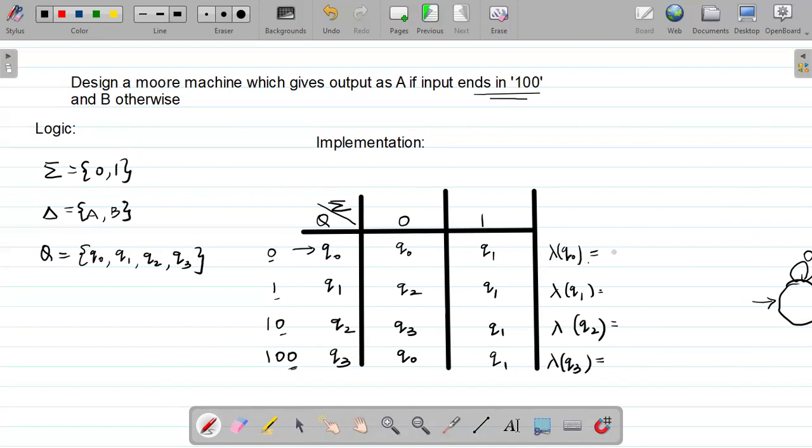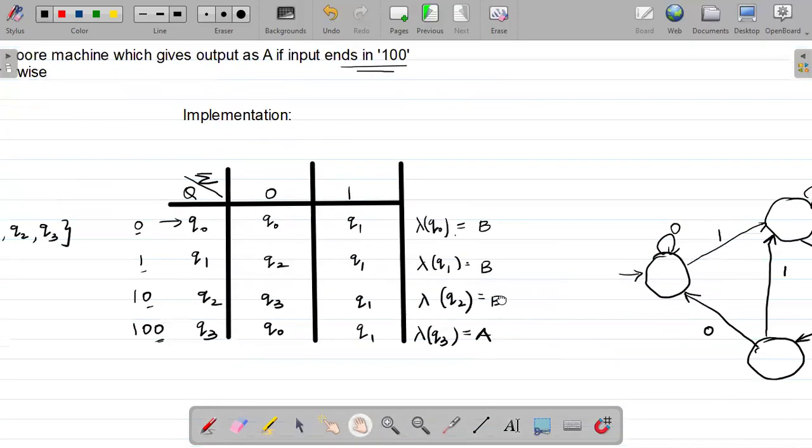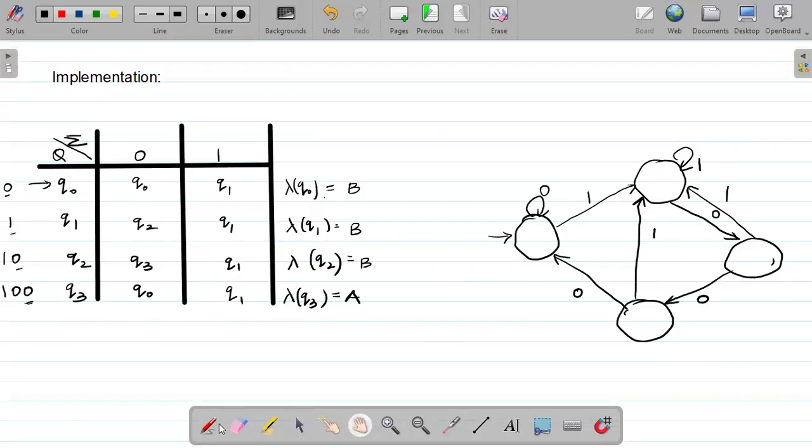So this is simple to map the output, because otherwise it is B means all other cases it will be B. Only the state which represents 100 will have output as A. So this is how the output mapping will be based on the question. Now for drawing the transition diagram, it is similar to our previous case. The diagram is there, just the state along with the output.